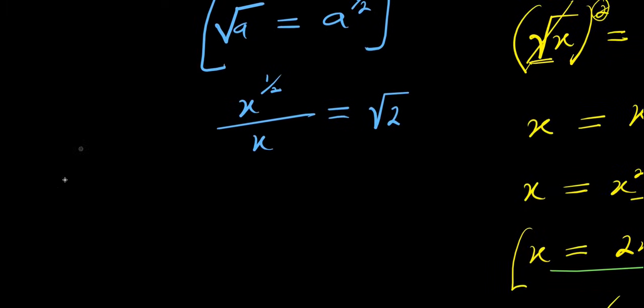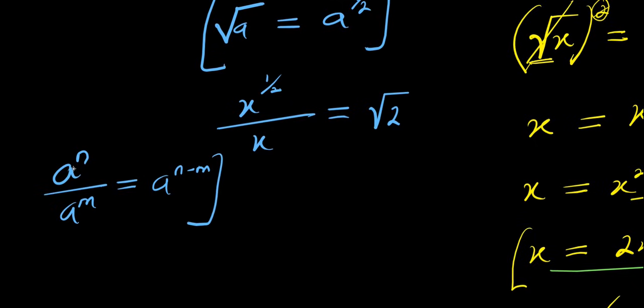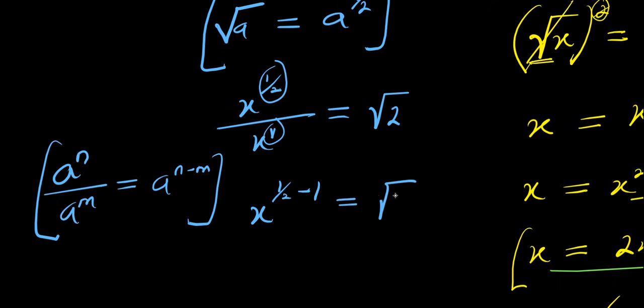Now, you have a power n divided by a power n equals a power n minus n. This and this is raised to a power of 1. We subtract the exponent of x power 1 over 2 minus 1 equals square root of 2.